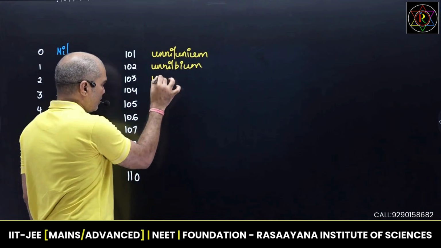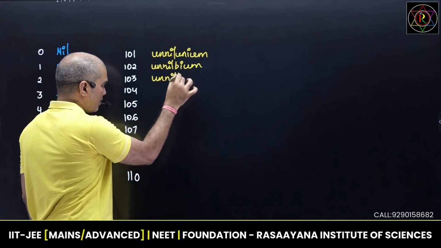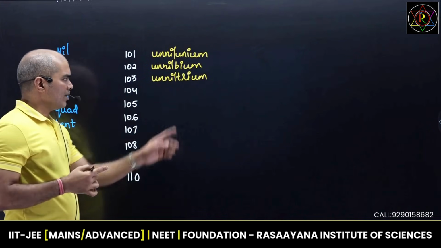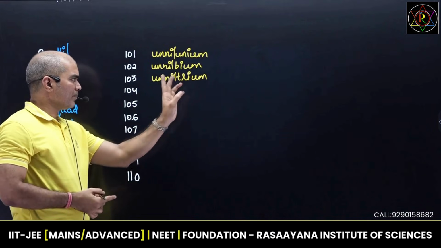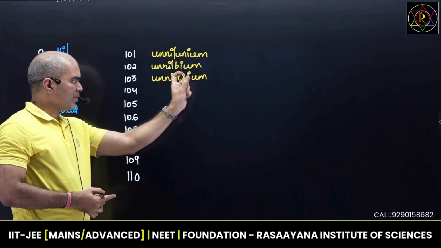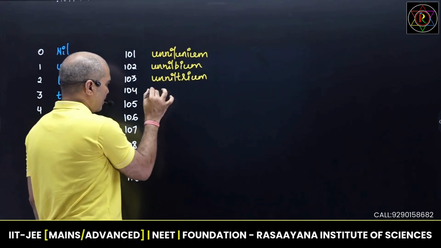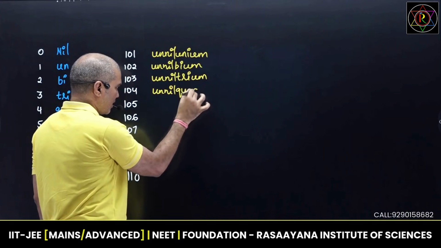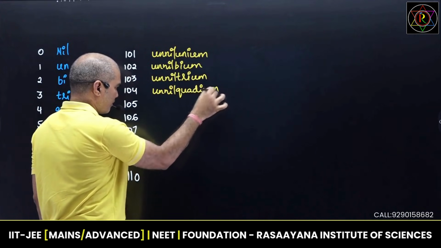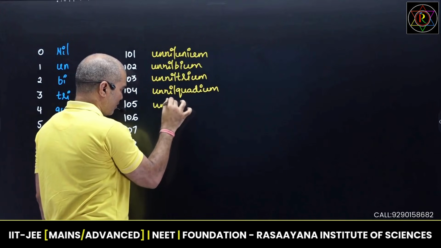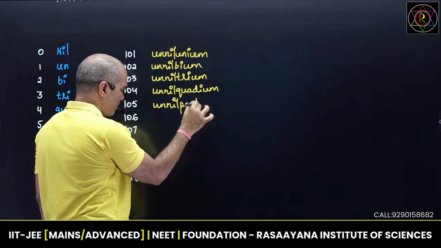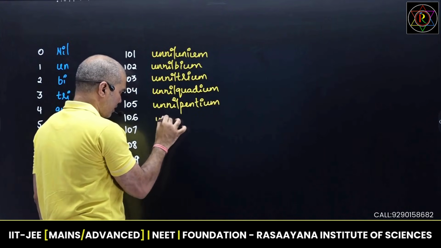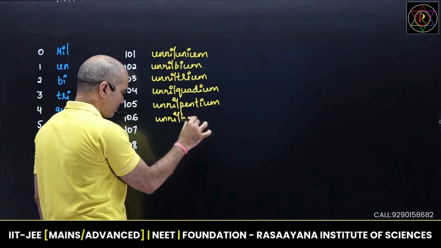Later we have un, nil, tri, IUM. You are removing one I. It will become trium. Un, nil, trium. You need not say un, nil, tri, IUM. Later we have un, nil, quad, quadium. Un, nil, pentium. Un, nil, hexium.